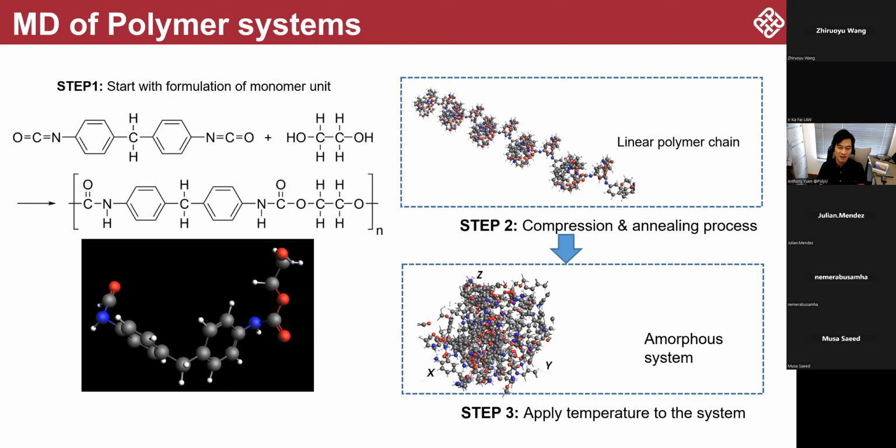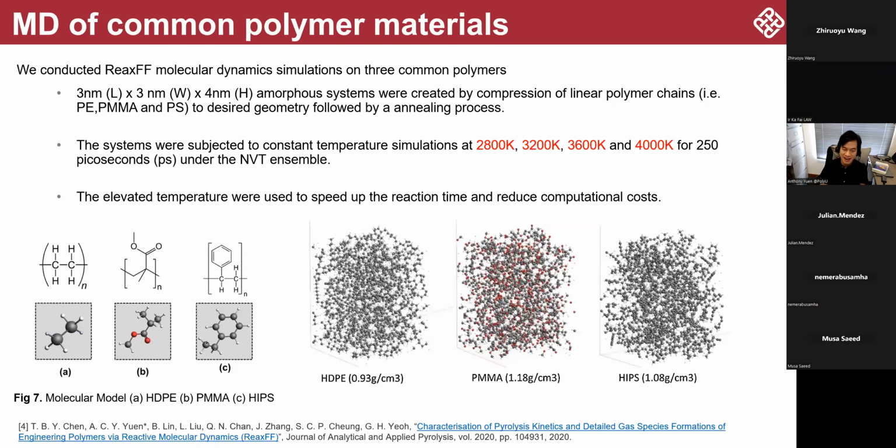Say if we are dealing with this polymer here, we populate and duplicate it into a linear polymer chain with multiple monomers, and then we just compress this long chain into a very nice cubic shape of an amorphous system. This is kind of a replica of the nailing process of your typical foam fabrication approach.